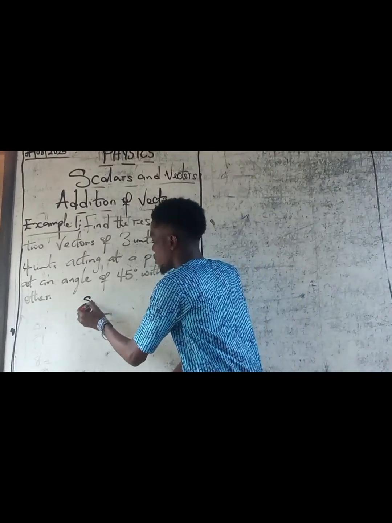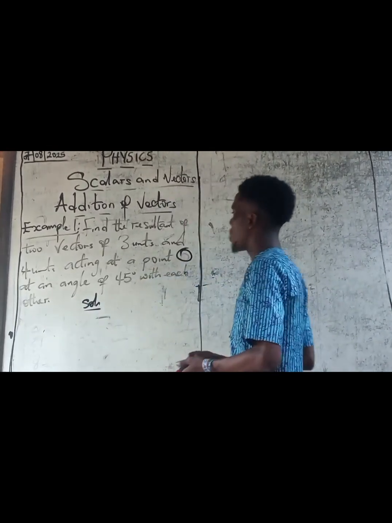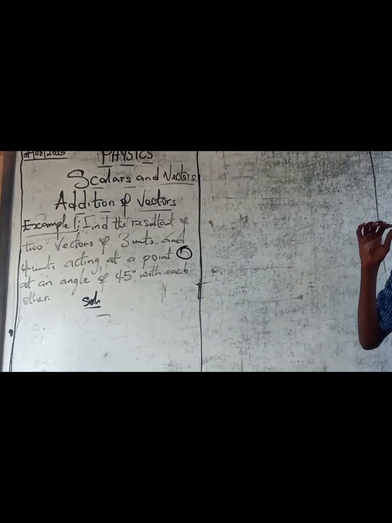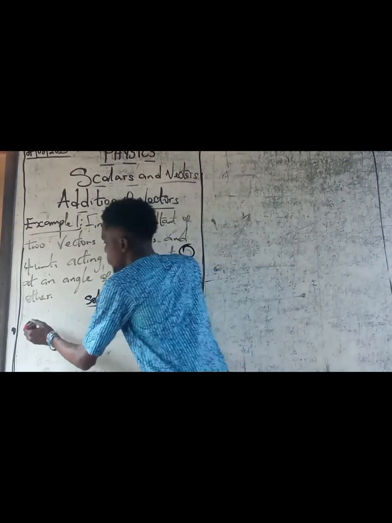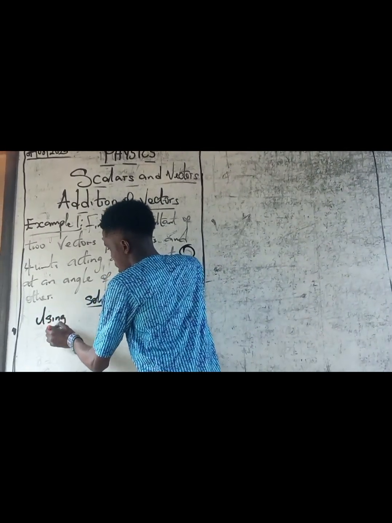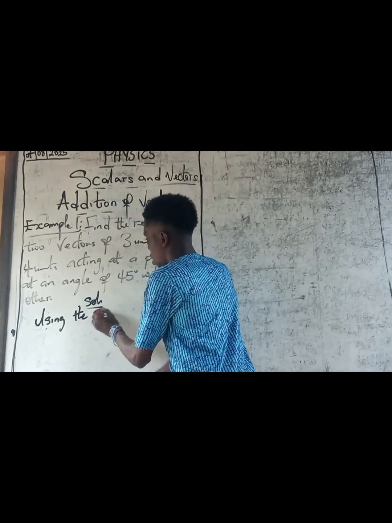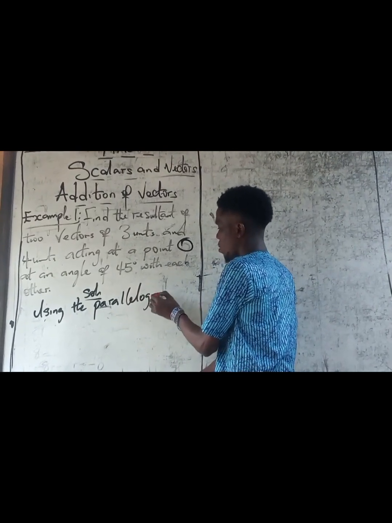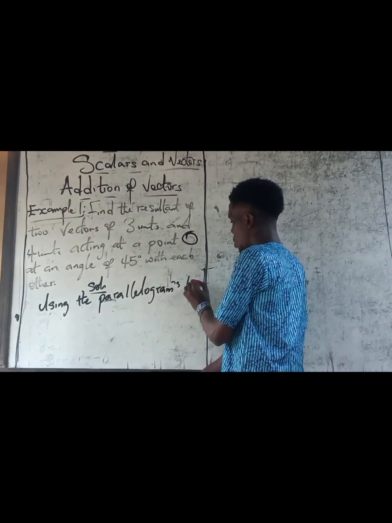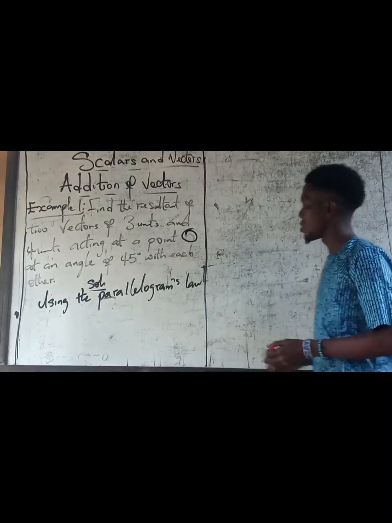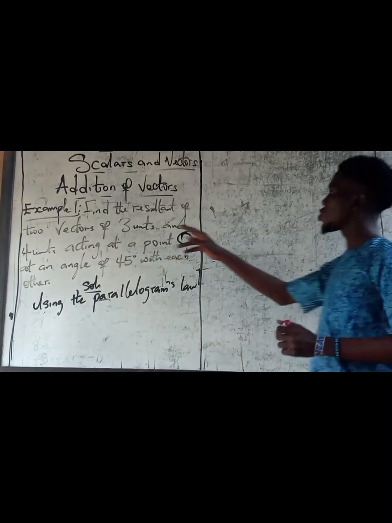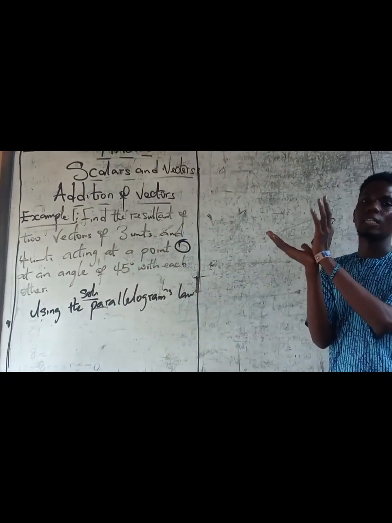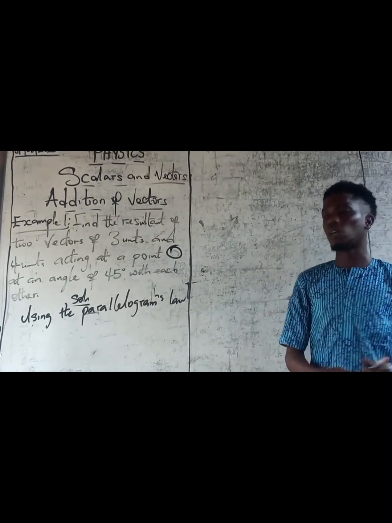Now, solution. The first thing we have to do, remember, is use the parallelogram law of vectors. So let's do that. We're going to represent these two vectors by the adjacent sides of a parallelogram.